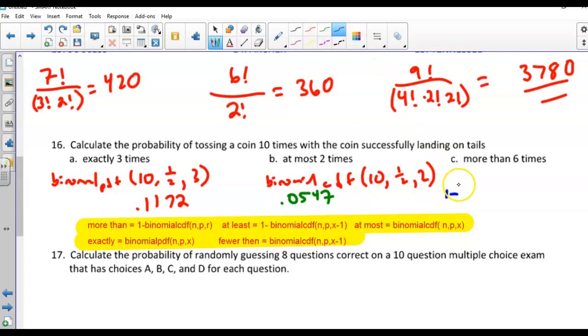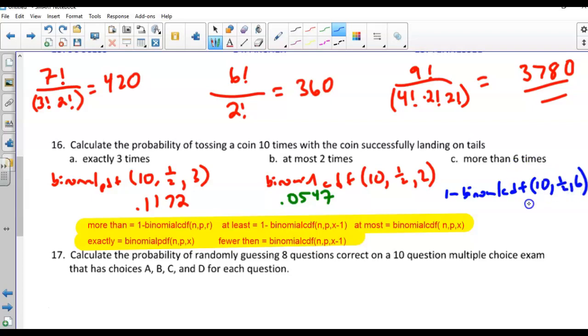Now for this one, it says 1 minus binomial CDF of 10 times with a probability of 1/2, and this is 6 times. So this one is 6 because it's more than 6 times, and right here, 6 is not included, right? 6 is not included.